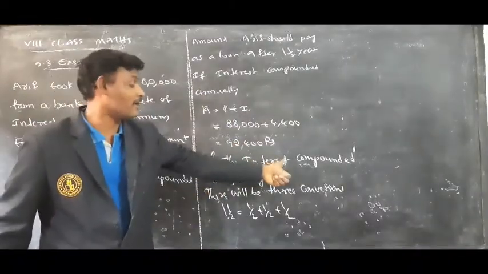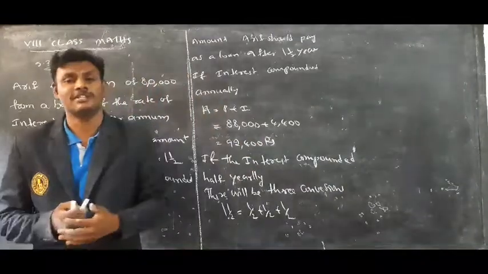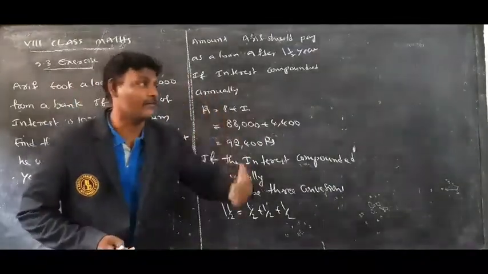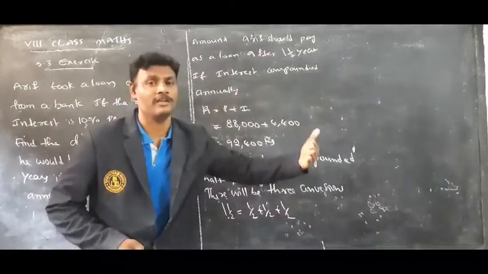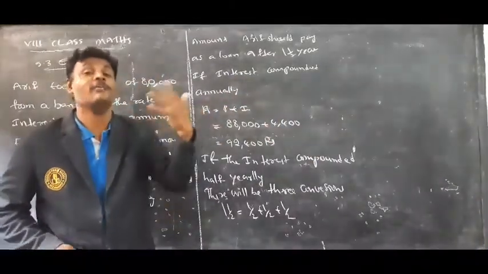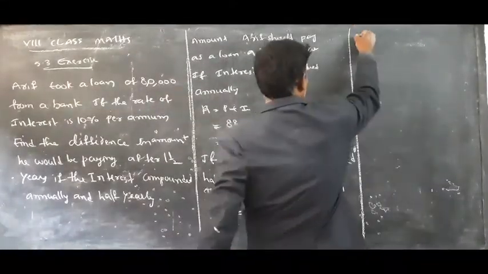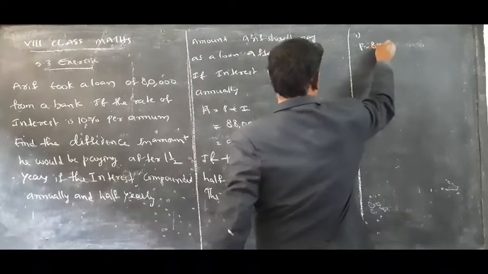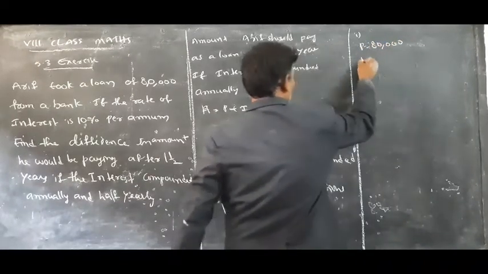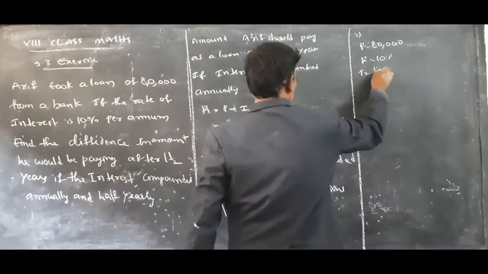If the interest is compounded half yearly, there will be 3 conversions, since 1.5 years means half year plus half year plus half year. First conversion: P is equal to 80,000 and R is equal to 10%, the time period is half year.